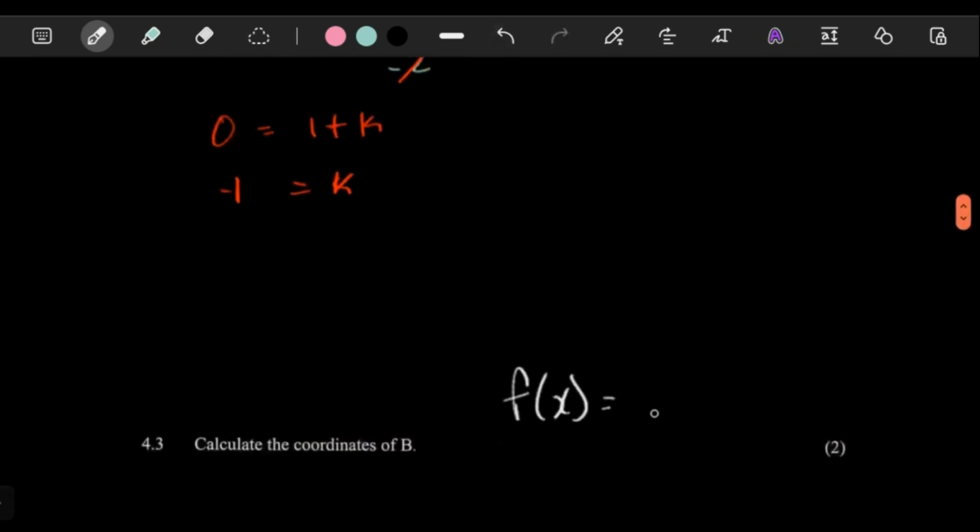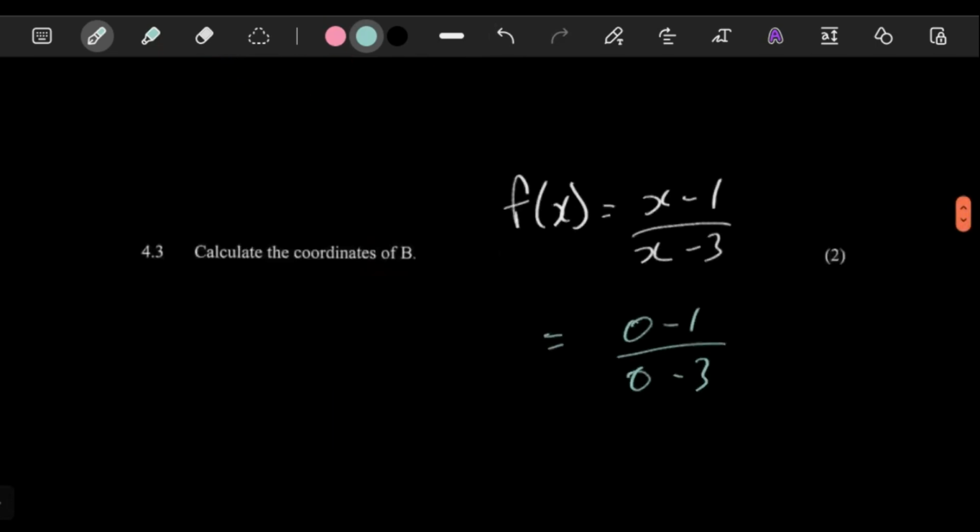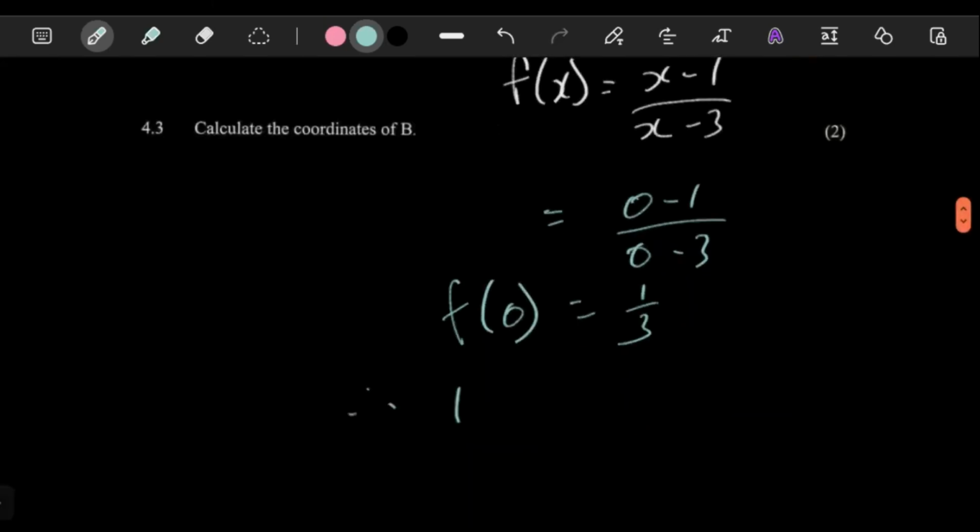So f of x is equal to x minus 1, x minus 3. If you're going to solve for b, you need to make x as 0, and that gives you something very simple, which is a third. Therefore, the b value is x is 0, y value is a third.